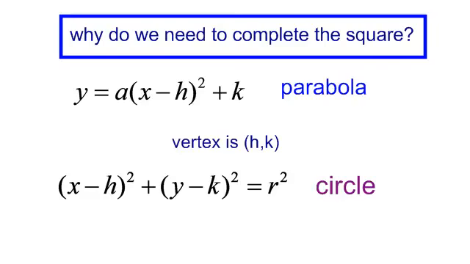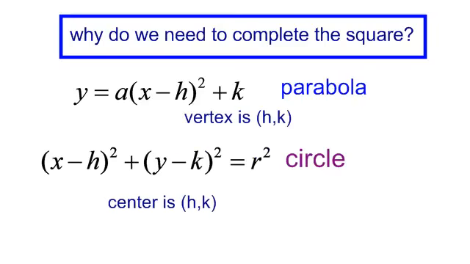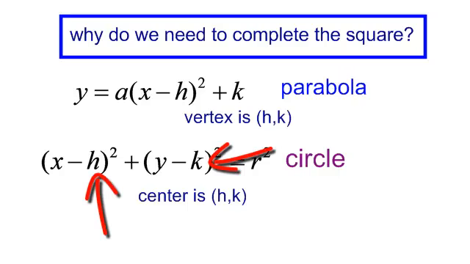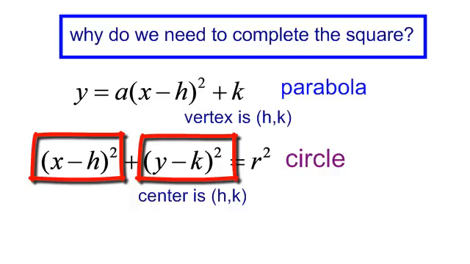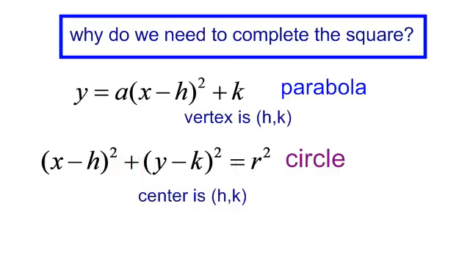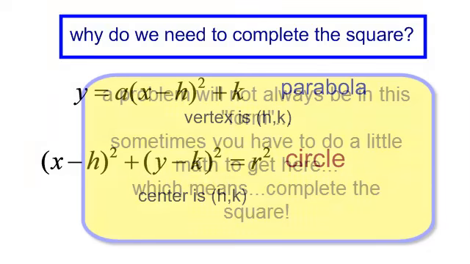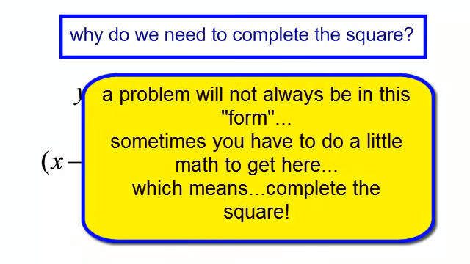This is a formula for a circle. And when it's in this form, you easily can see that the center is (h, k), the radius is r. But in order to see the center of a circle, look what the formula has. It has not just one binomial squared, it has 2 binomial squares. Okay, and the math book is not going to be sweet to you all the time and put parabolas and circles in this exact form. Sometimes you have to do a little bit of work to get these binomials squared.